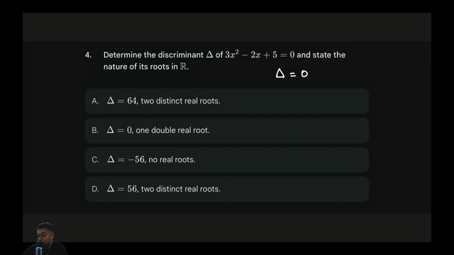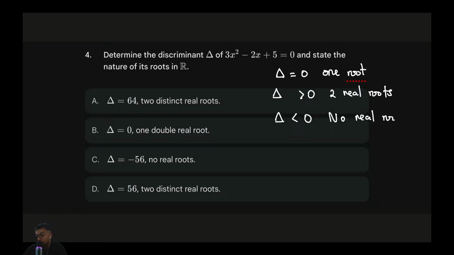But if the delta, which is the discriminant, is positive, we can say there are two real roots, which means both roots are real numbers. If the discriminant is less than 0, we can see that this equation has no real roots. Okay, no real roots. That's it.